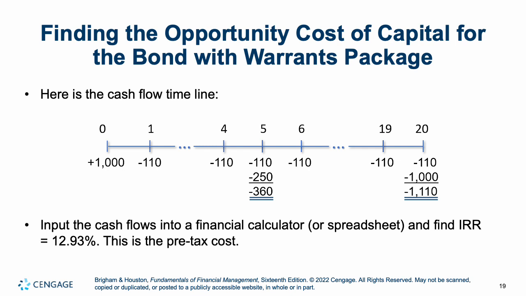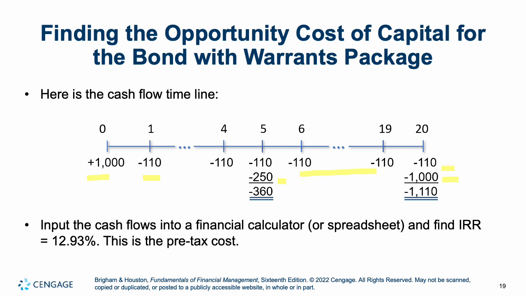So what's the opportunity cost of capital for the bonds with the warrants here? We could find the IRR. So you would simply put in all these cash flows. We get $1,000 in year 0. Each coupon payment we have to pay back $110. In year 5, not only that, we have to factor in the money we're losing by the warrants being executed, then back to our coupon payments, and then in year 20 we have to pay back one more coupon payment and the par value.